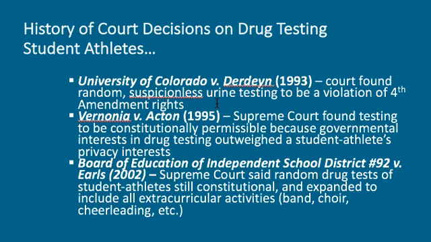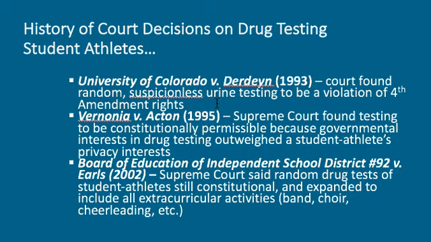So basically they said, as a state actor, doing this random drug testing in a school setting would be a violation of privacy. And as you can see, if you look at these other two cases, one that came in 95 and one that came more recently in 2002, the courts have really shifted their perspective on this, meaning that they've moved away from being in the corner of the student athlete to being more on the side of the state actor who is trying to implement drug testing.